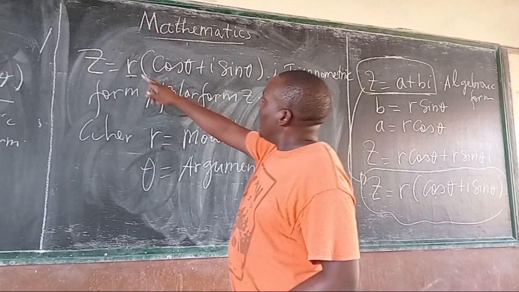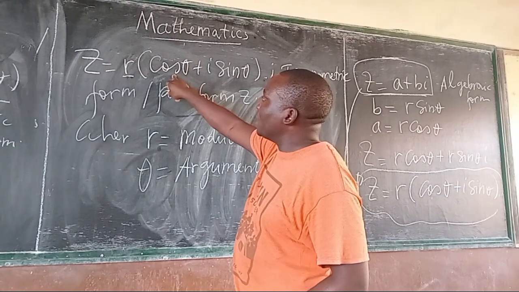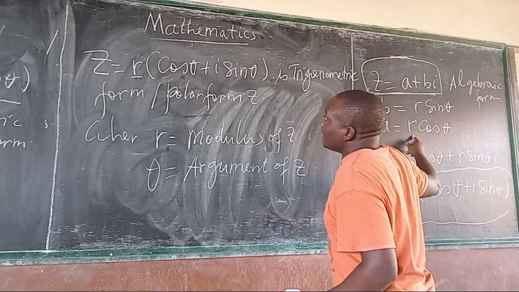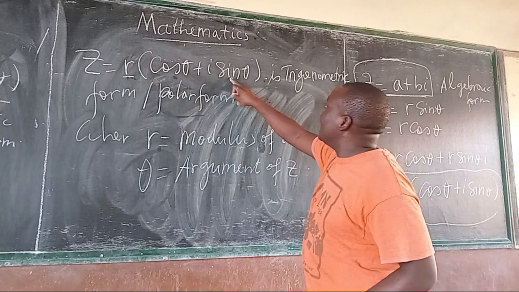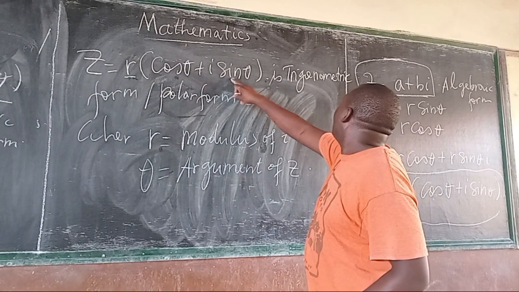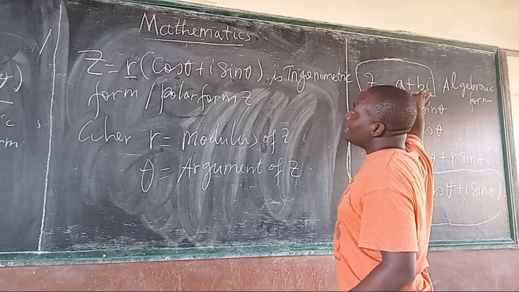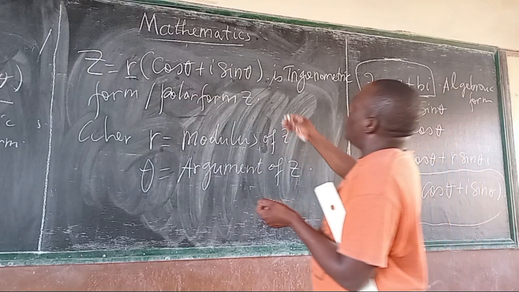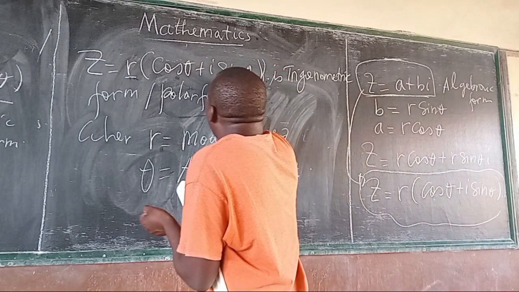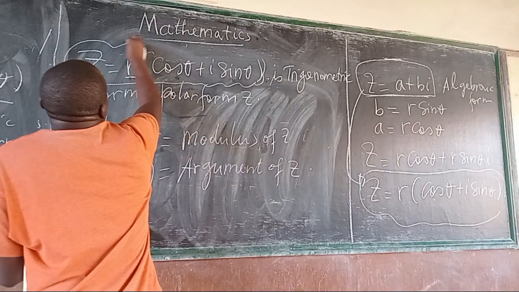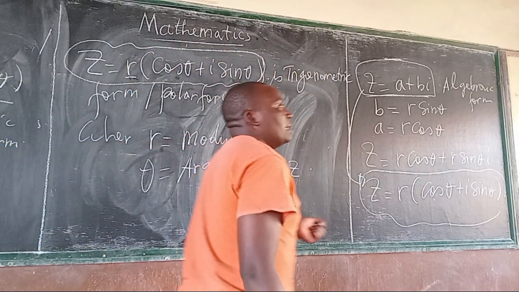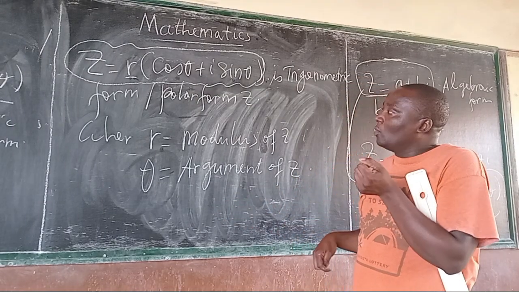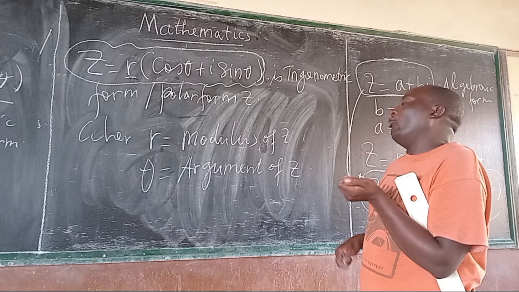As you see, r cosine theta, the real part of that complex number z, is equal to a. Then r sine theta, the imaginary part of complex number z, is the same as b. Generally, teachers, this is a good form of complex number expressed by using trigonometry, in trigonometric form or polar form.